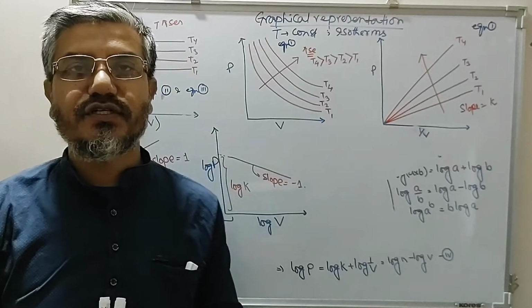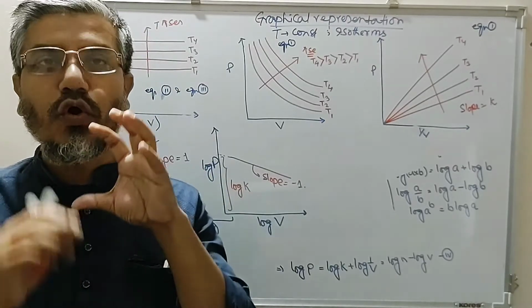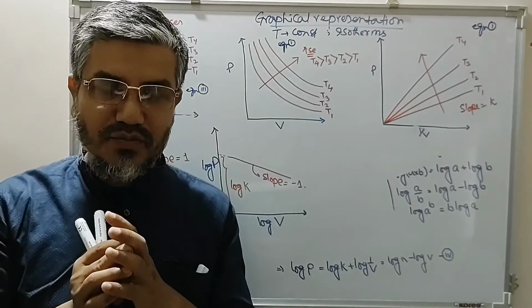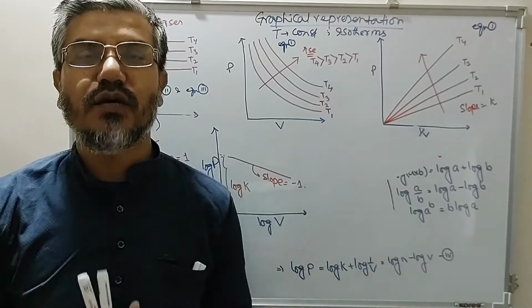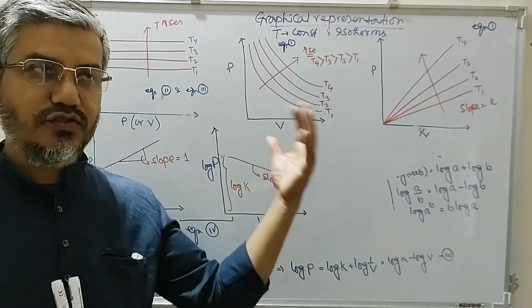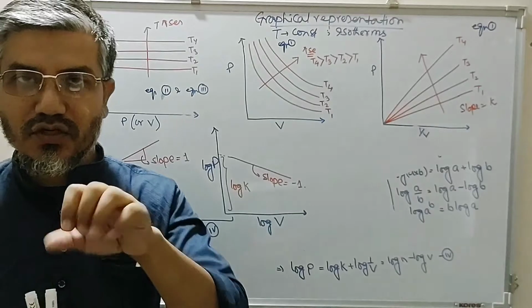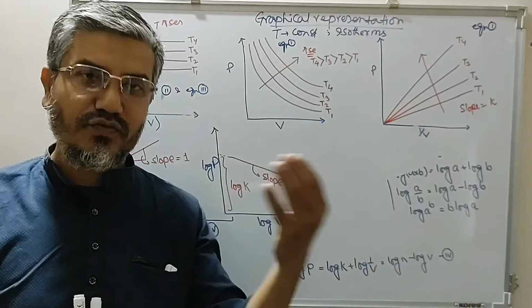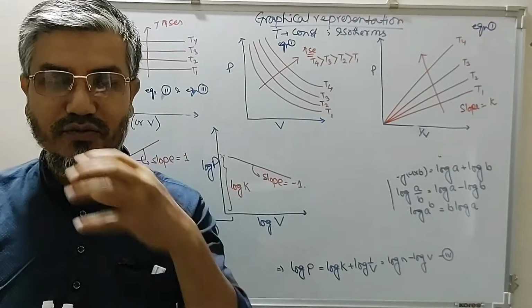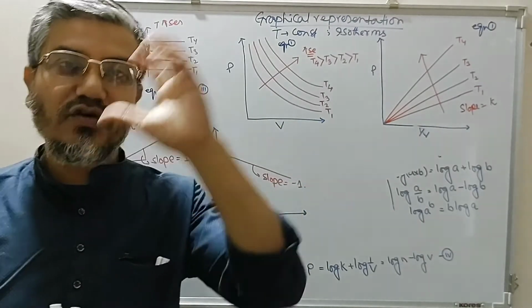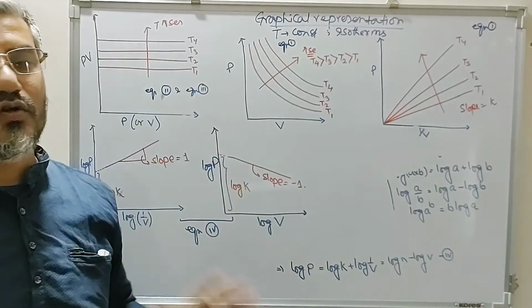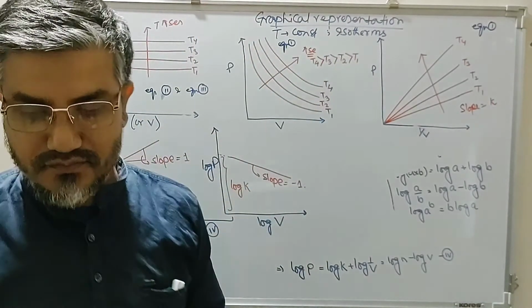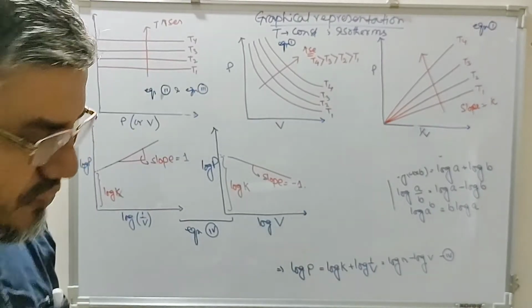So in this process, Boyle's law is not applicable. The reason being, we are changing the amount of gas, whereas Boyle's law says the amount of gas should remain constant. But in this process, we are blowing air, so the quantity of air increases. As the quantity of air changes, Boyle's law will not be applicable. So this is all about Boyle's law.